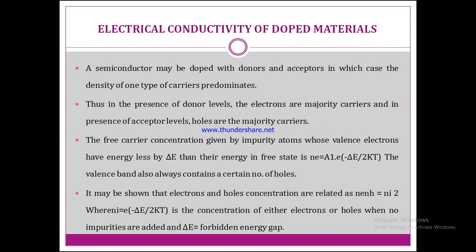The electrical conductivity of doped material depends upon the hole and electron carriers in the semiconducting material. In the presence of donor levels, the electrons are majority carriers, while in the presence of acceptor levels, the holes are the majority carriers.